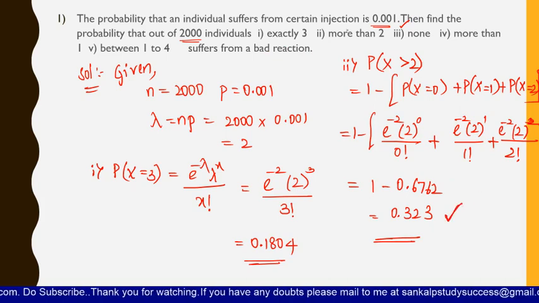Now we are done with the first one and the second one. Now coming to none suffering from a bad reaction. That means P of x equals 0. Let us solve it. Here the third one, P of x equals 0, which is e power minus lambda into lambda power x by x factorial.